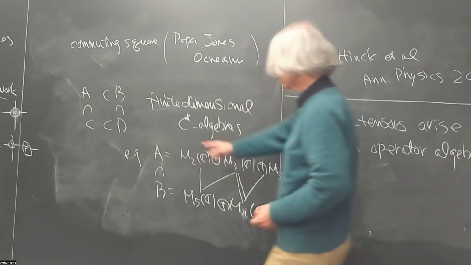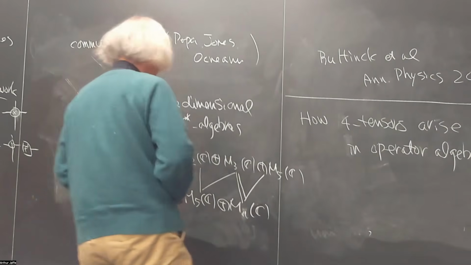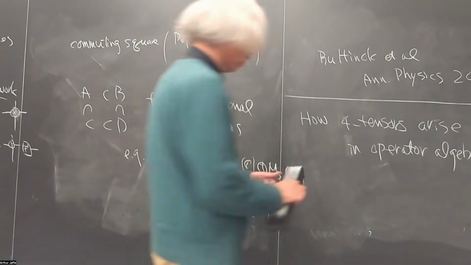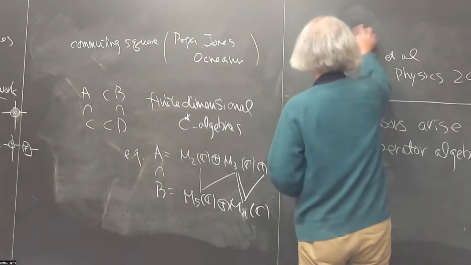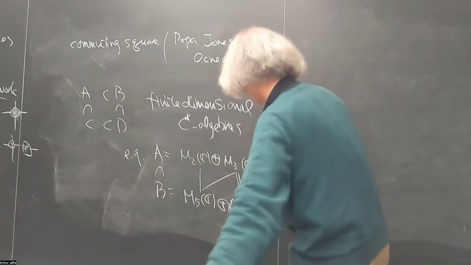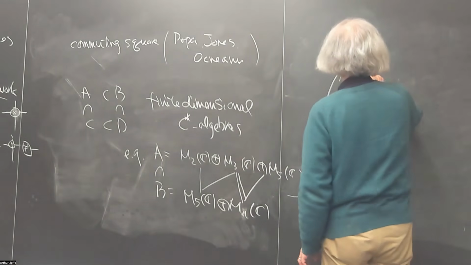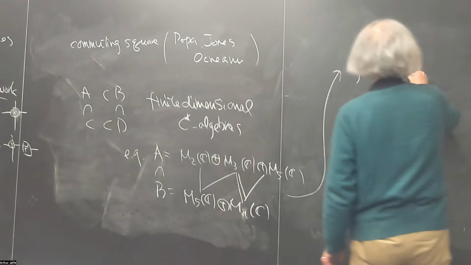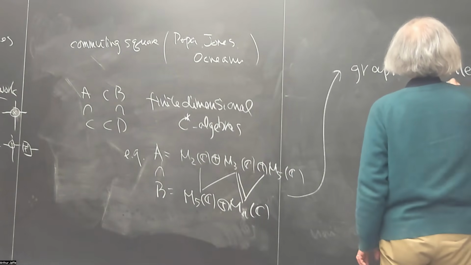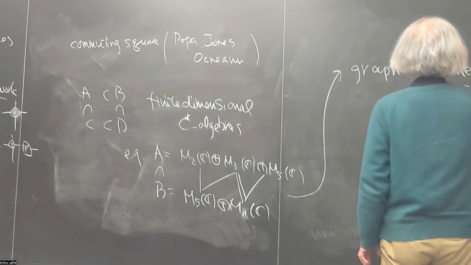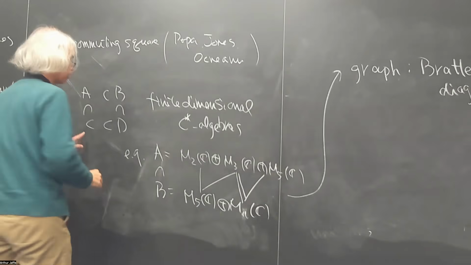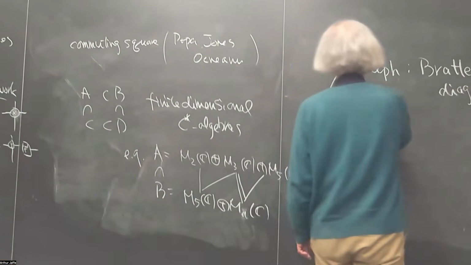So from this kind of embedding, we get this kind of graph, and this graph is called a bracket diagram. Then here we have 4 inclusions, so we get 4 bracket diagrams.